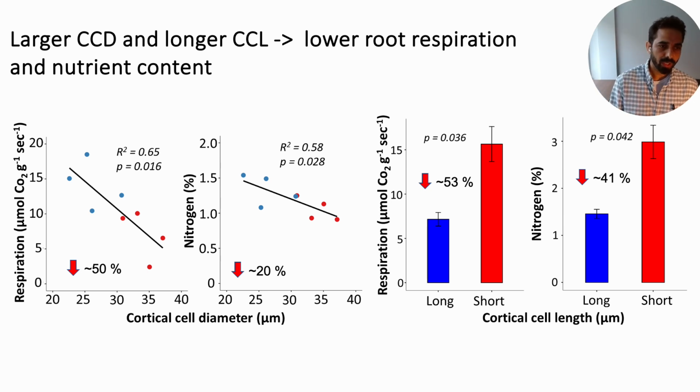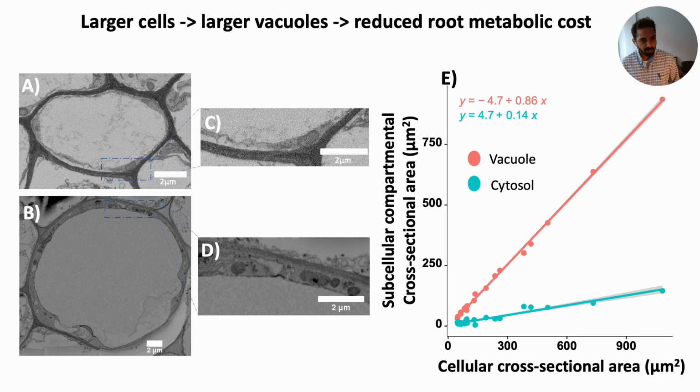And then we did some SEM imaging on these lines, which differ for cortical cell size. What you can see here is a small cortical cell, and a large cortical cell. And this distance, the cytoplasmic width, I would say, stayed constant, which means that with an increase in cellular cross-sectional area, there is a drastic increase in vacuole volume, or vacuole surface area in this case, but not so much increase in the cytosol.